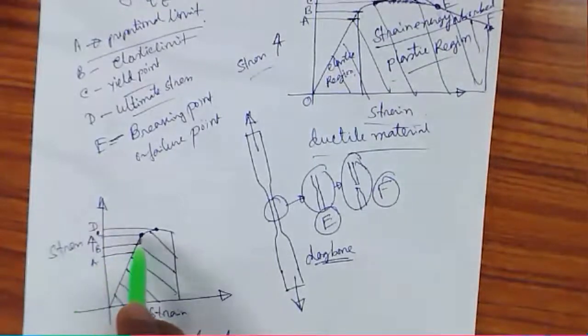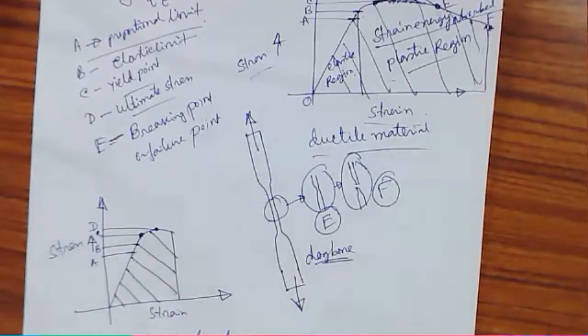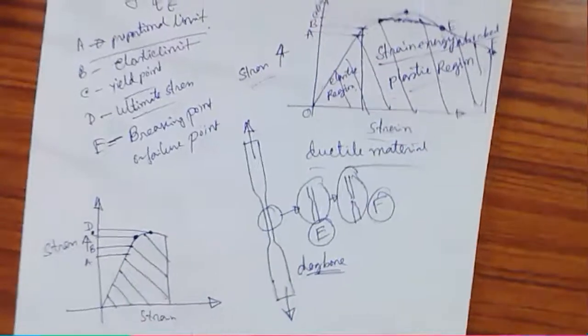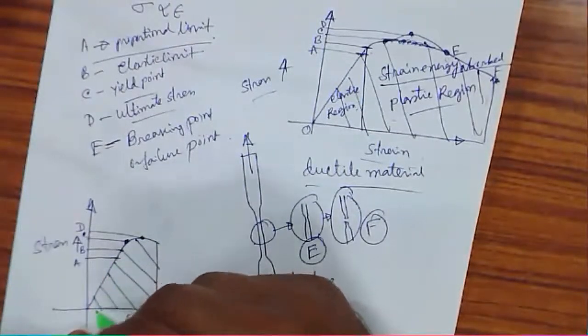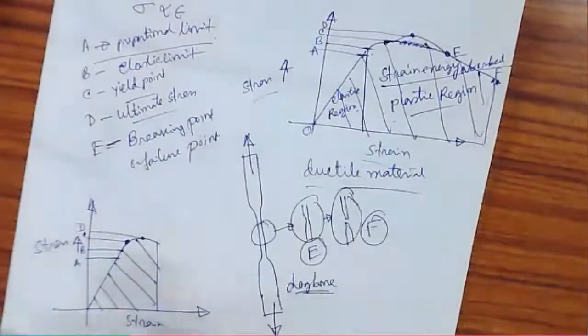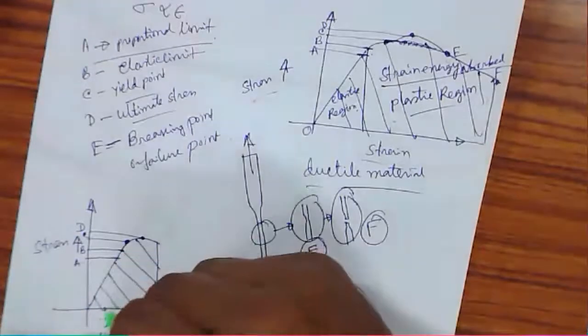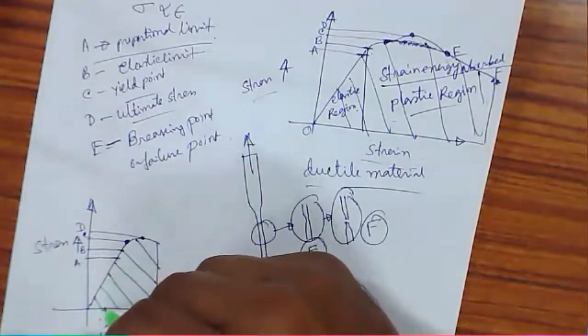we go up to the yield point, but we choose the yield point as a line parallel to the stress strain line. We draw a line parallel to the stress strain line, but at which point? At 0.2% strain. So when we get 0.2% strain, we draw a parallel line of this line.